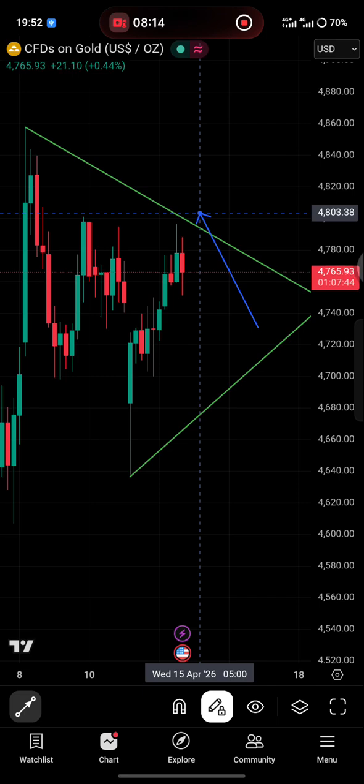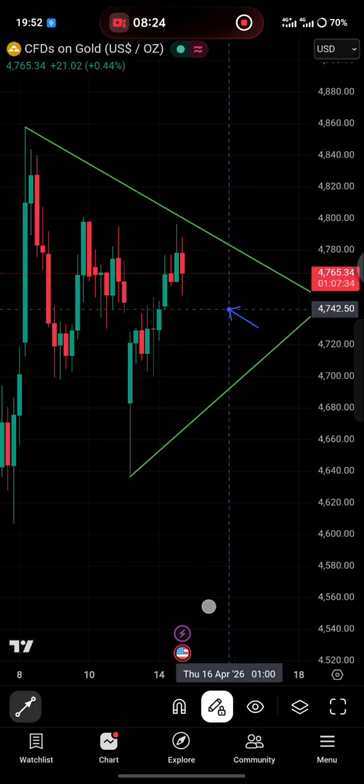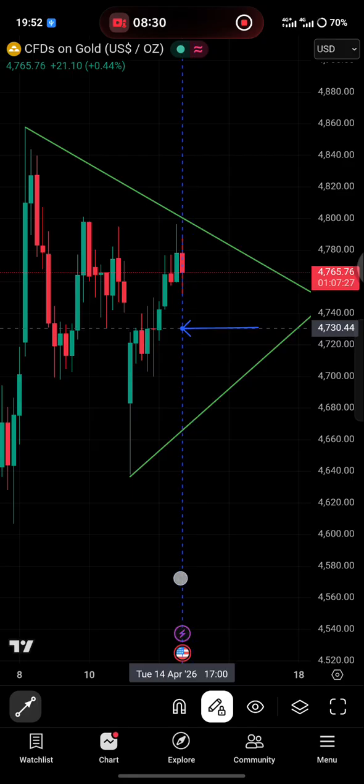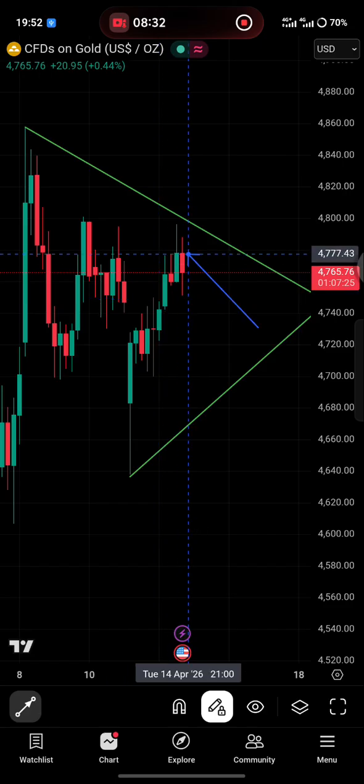And after understanding all of that, you will be able to enter at the best possible spot in the chart, and at the best possible price that is available at that moment, right? So always predict based on what?